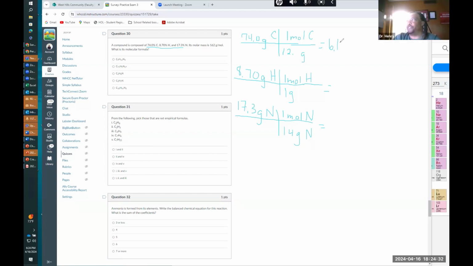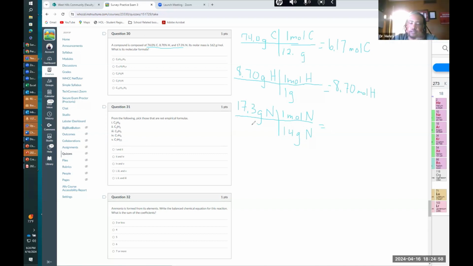Let's do 6.17. That's 3 sig figs. Okay, 6.17, that's moles of carbon. That's just going to be that number. And then we have moles of hydrogen. 8.70 divided by, oh, it's just 8.7.